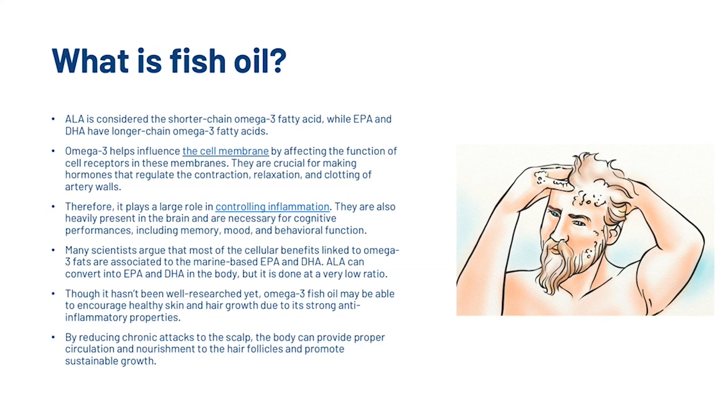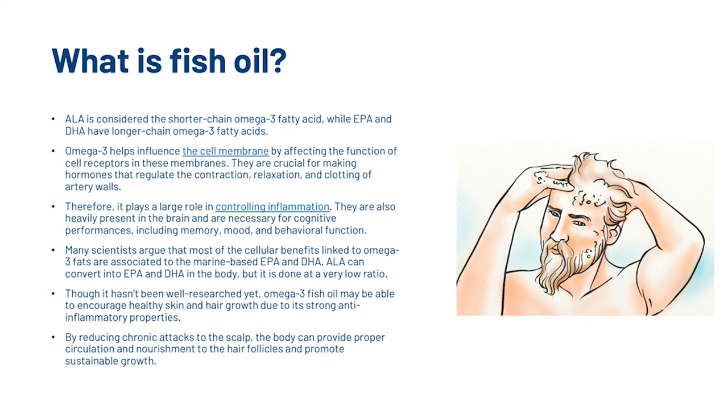Now alpha-linolenic acid or ALA is considered the shorter chain omega-3 fatty acid, while EPA and DHA have longer chain omega-3 fatty acids. Now omega-3 helps influence the cell membrane by affecting the function of cell receptors in these membranes. They are crucial for making hormones that regulate the contraction, relaxation and clotting of artery walls.